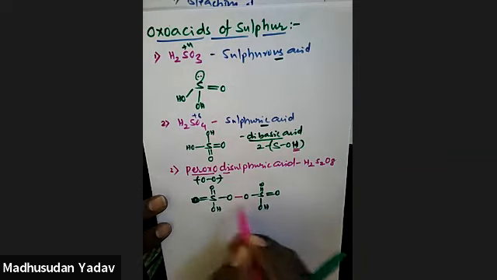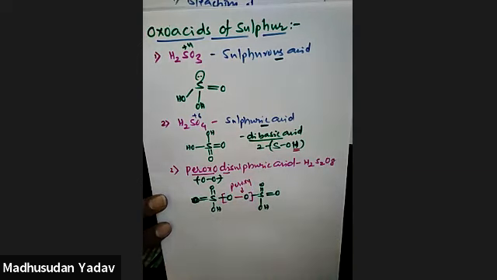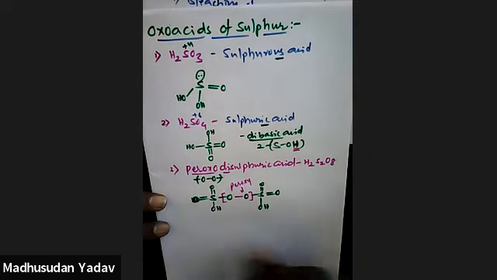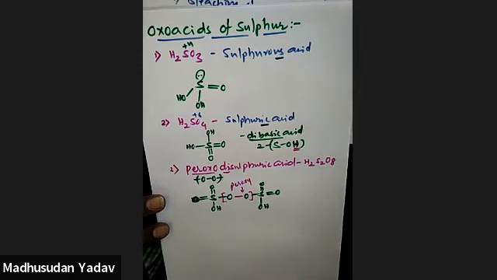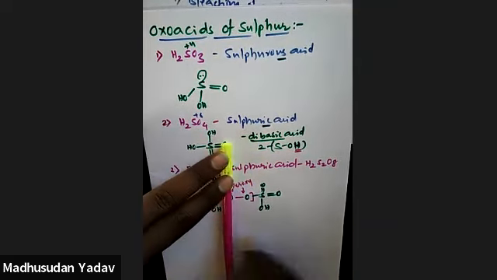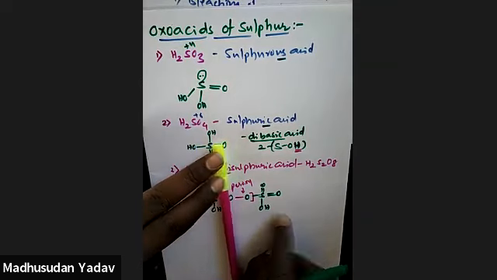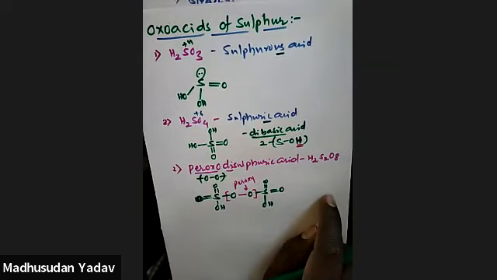Now they are combined together with a peroxo link. What is this peroxo link? Oxygen bonding is there now, so it is called a peroxo link. If you take this half, look at this, HSO4 minus sulfate ion. This side also HSO4 minus. They are joined together with an oxygen link, that is called peroxo. It is peroxodisulfuric acid.